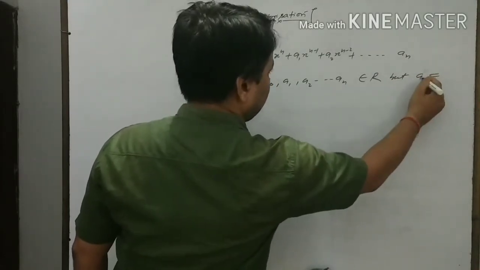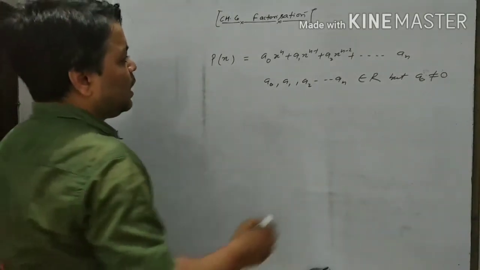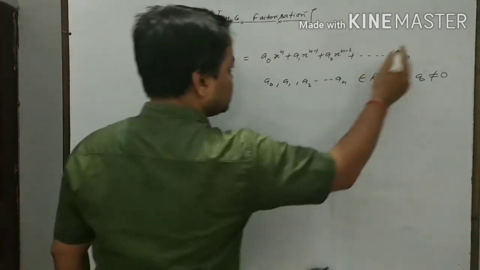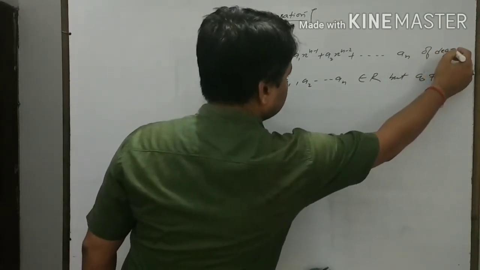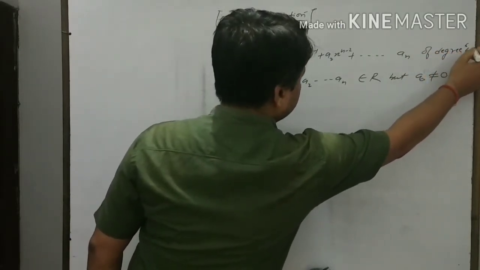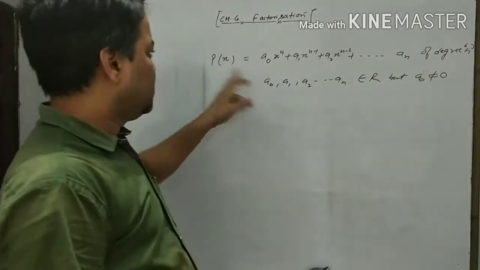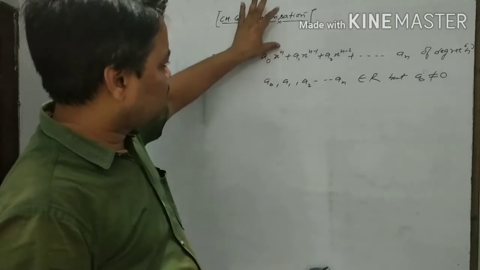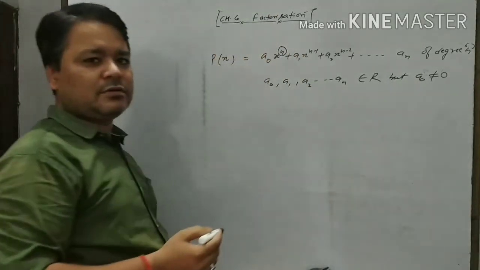But a0 should not be equal to 0, and this polynomial is of degree n. This is the polynomial of degree n, because the maximum power of the polynomial is what? The maximum power of the polynomial is n.